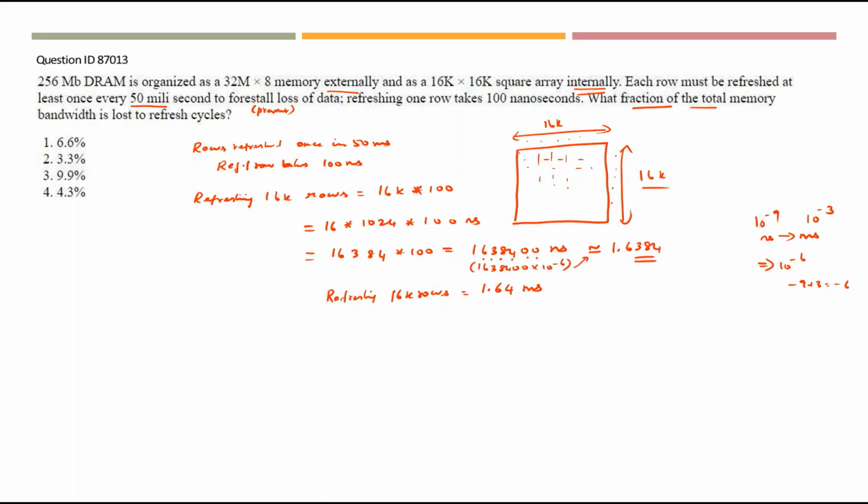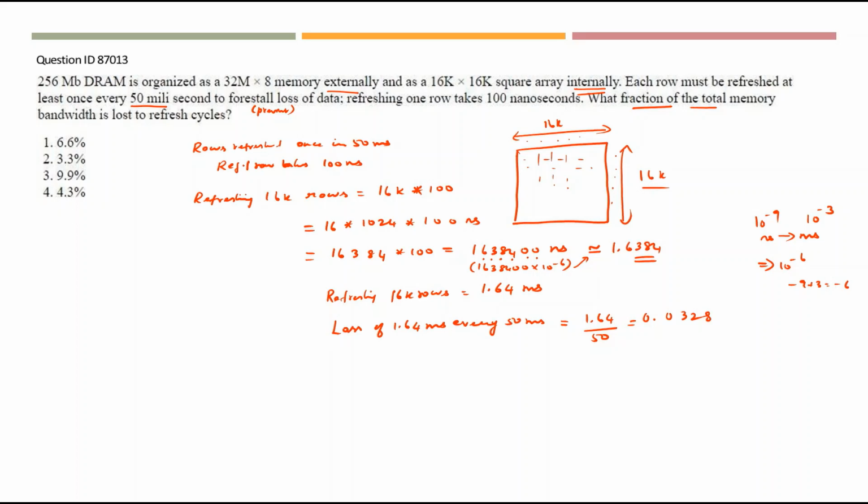What fraction of total memory bandwidth is lost to refresh cycles? So loss of 1.64 milliseconds every 50 milliseconds. This will give 1.64 divided by 50, which is 0.0328.